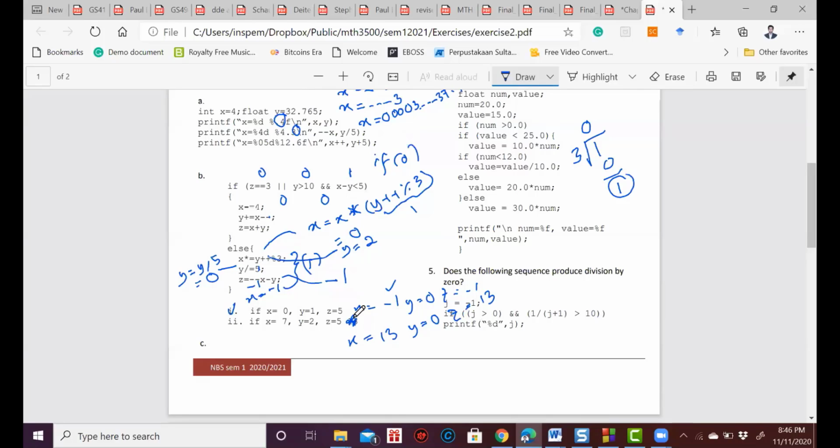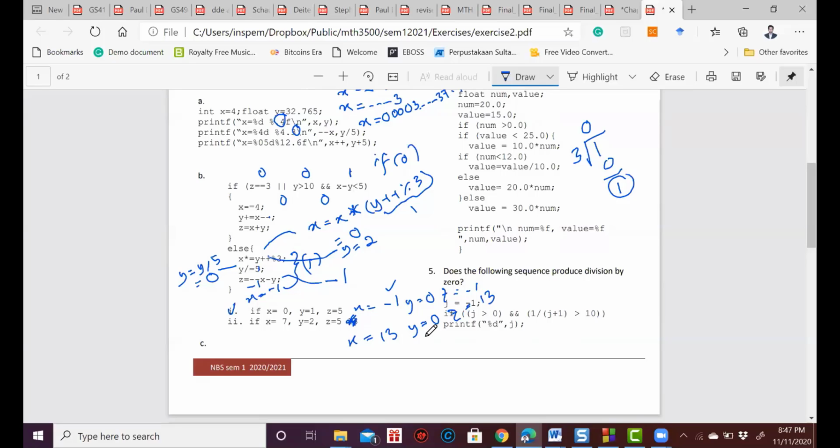And then X minus Y, 7 minus 2, is 5. 5 less than 5? 0. So this one? Else. But the answer is this one. You cannot get this one? Okay, never mind, try this one later. This one is the answer.